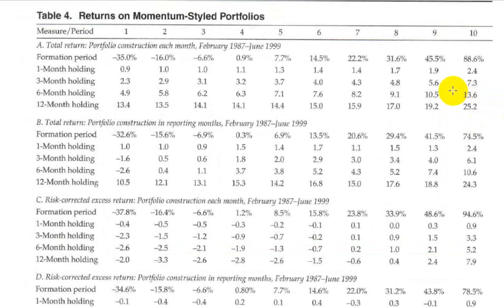Okay, so here we have the results of their studies, Table 4. First of all, let's explain how they formed the portfolios. They did it in a similar manner to Jegadeesh and Titman back in, I think, 93, 94, where they split the portfolios into deciles, that's groups of 10, ranking them according to their return in this formation period.